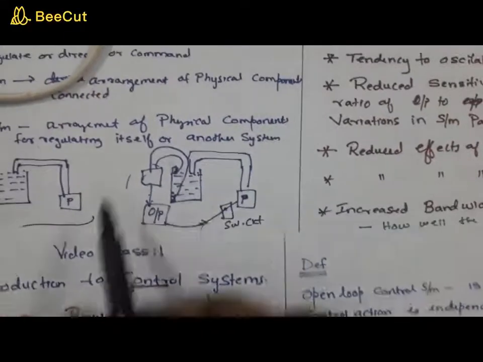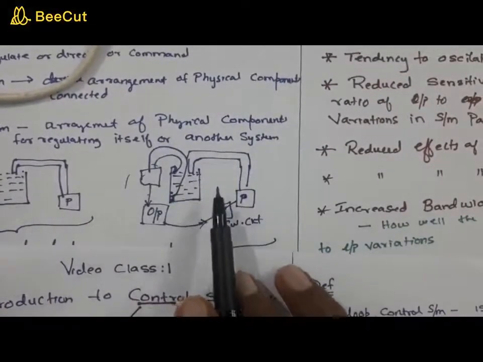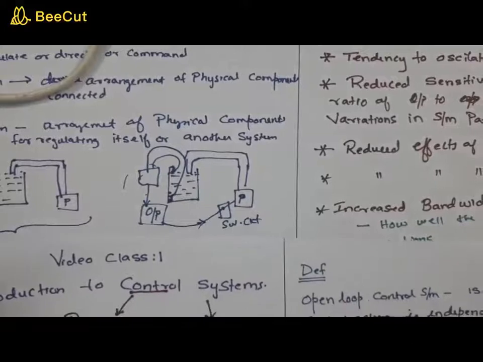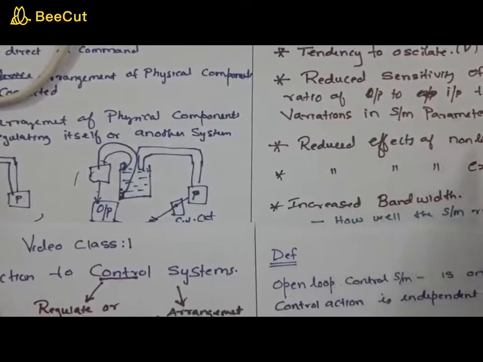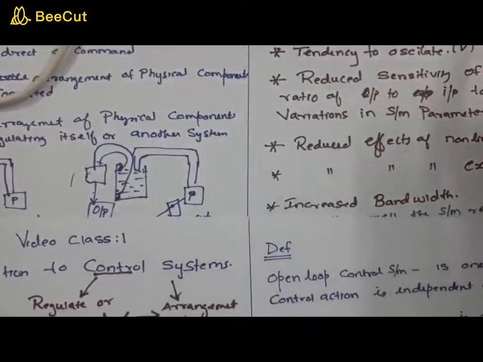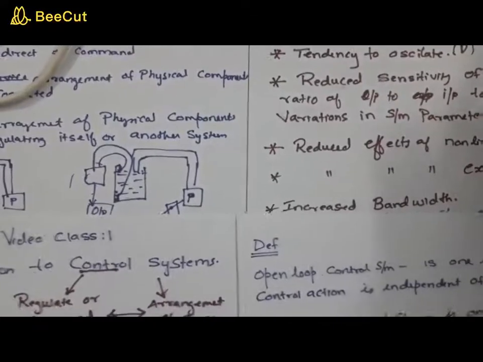But this feedback will reduce the error caused due to non-linearities. Okay, you don't have to bother about this. How will it come? We'll be explaining when we go into the details of this closed loop system.